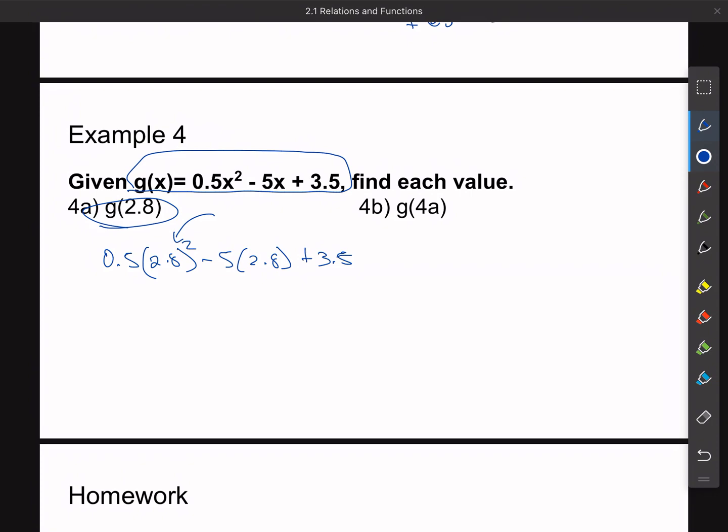I guess I can solve this for you. I was going to just let you do this, but I'll do it so you can check your answers. So 2.8 squared gives you 7.84. Then you're going to multiply that by a half. So 7.84 times 0.5 gives you 3.92.